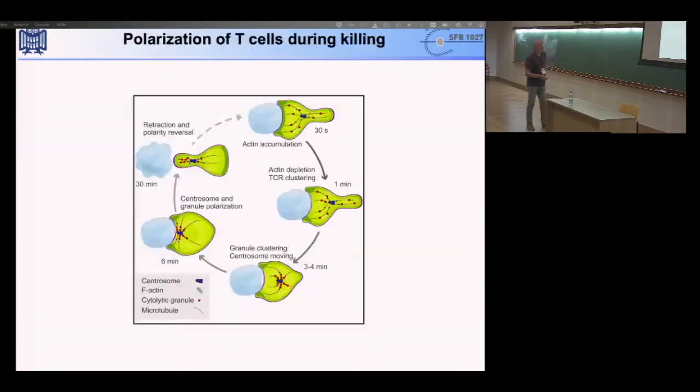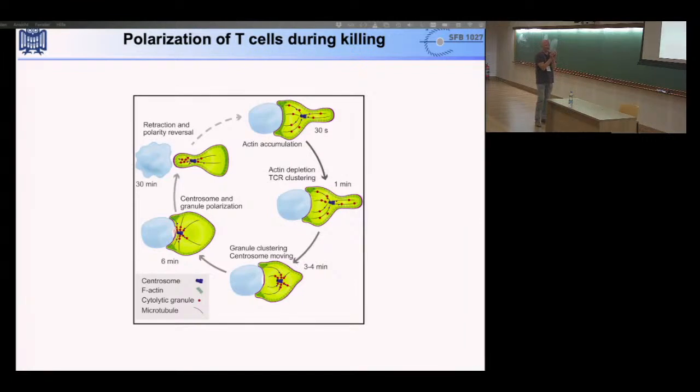So the picture that people have of this process is essentially that the T cell or the NK cell makes contact with the target cell. Then there's actin depletion. Actin is this gray material here at the center. After already 1 minute, when you look under the microscope, there is a lot of action going on mechanically. It's really quickly deforming.